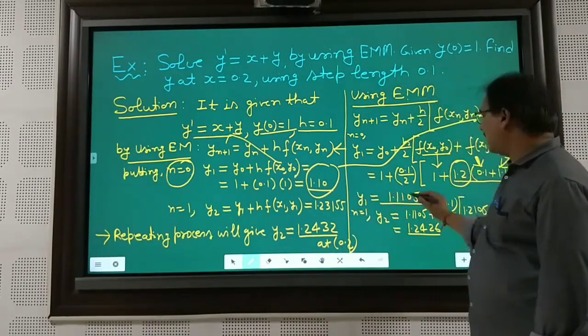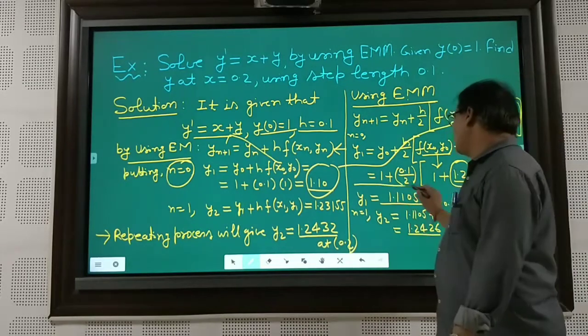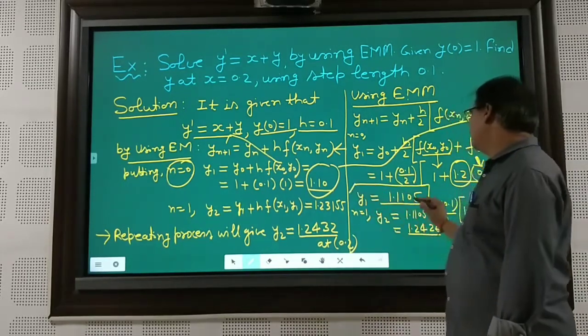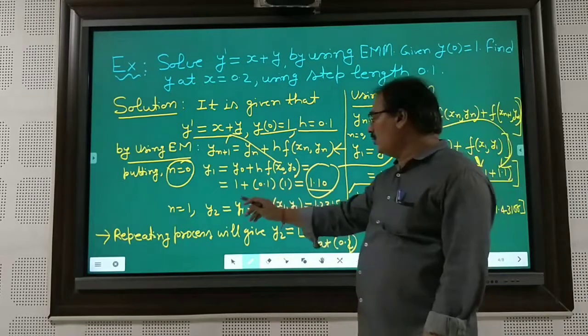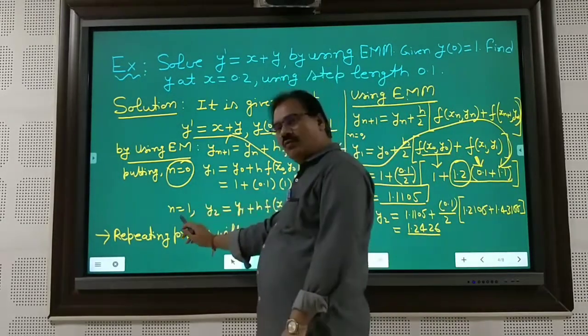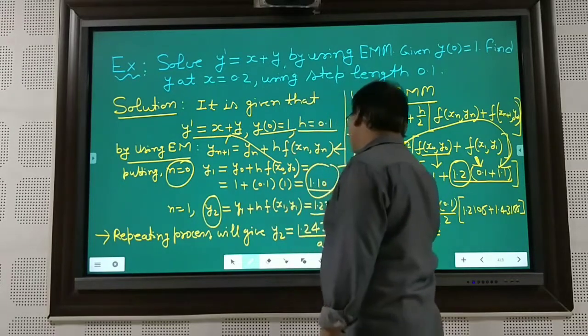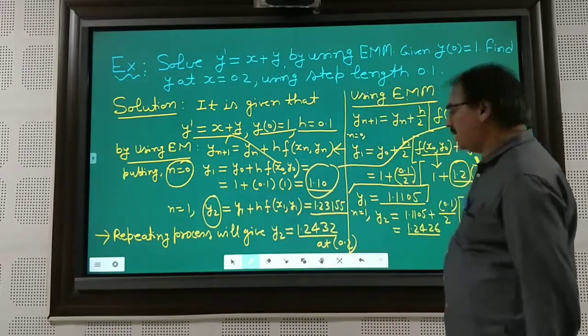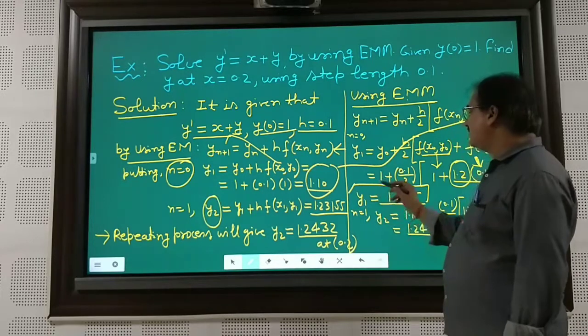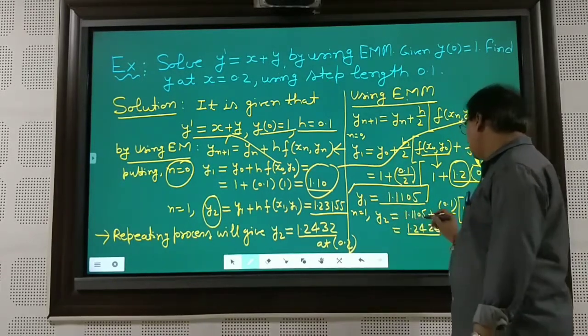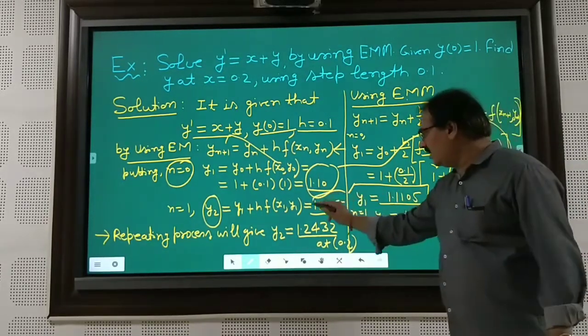So y1 you got at this stage, that is y1 is 1.1105. Now again you go here, put n is equal to 1, then you will get y2. So y2 is equal to y1, and the value of y2 is 1.23155, and putting n is equal to 1 here, you will get y2 again by using this old y.